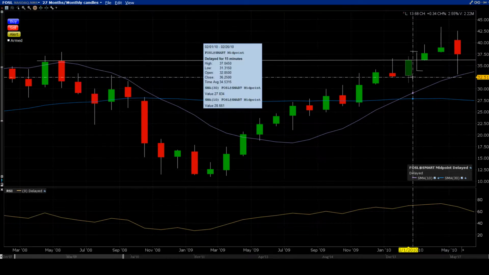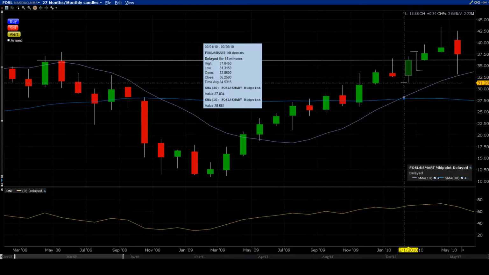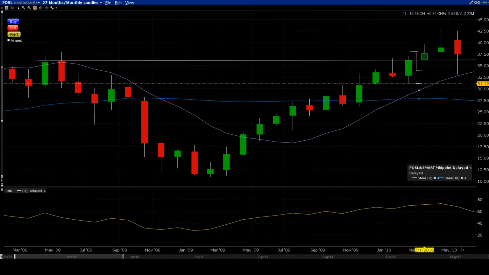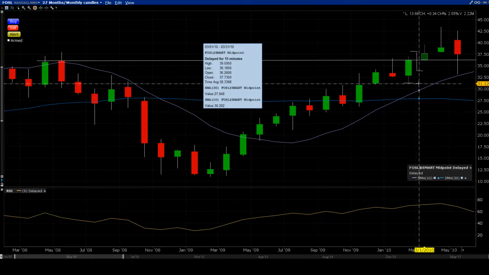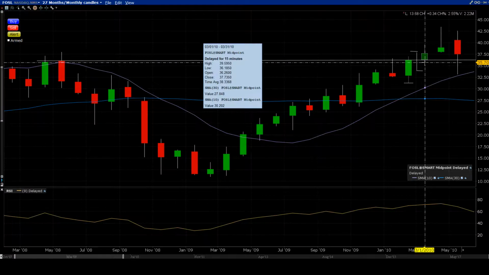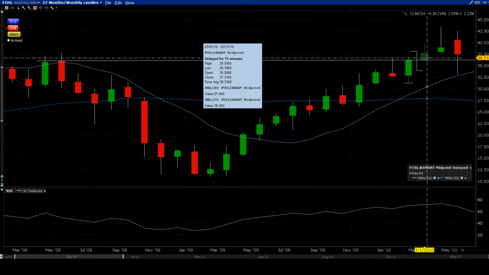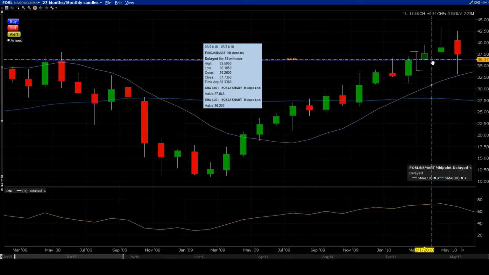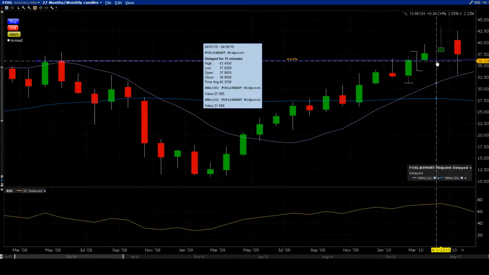support. You could use the previous candle's close, bottom of wick, as the ultimate support for your sell stop. And I know you're supposed to put it at the bottom of the candle of the breakout, but if it's on the line, this is just too dangerous. There's a possible test of that line.